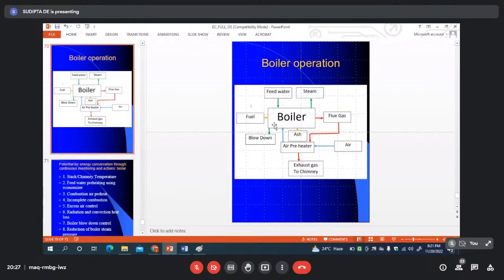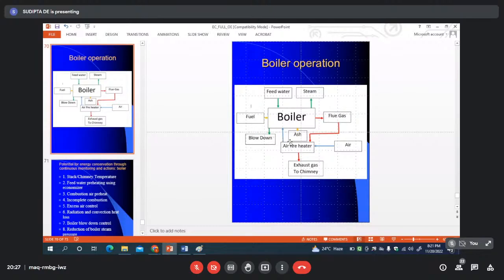And if you extract some water in a gushing way, meaning very fast rejection of water, then automatically it carries away some of the deposits which are yet to be converted to solid scale form. This is called the blowdown process. But remember, if blowdown is done with hot water coming out of the boiler, it also carries away some energy. So this also causes some loss in energy conservation.